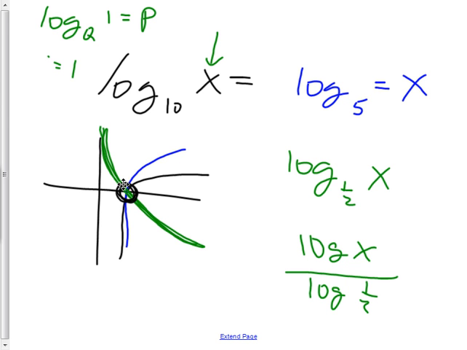Sorry, I did that wrong. Q to the p would have to equal 1. And the only way to get that to always happen is if p is 0. So in other words, bottom line, my answer has got to be 0 right there. This spot right here has always got to be 1, 0. Okay.